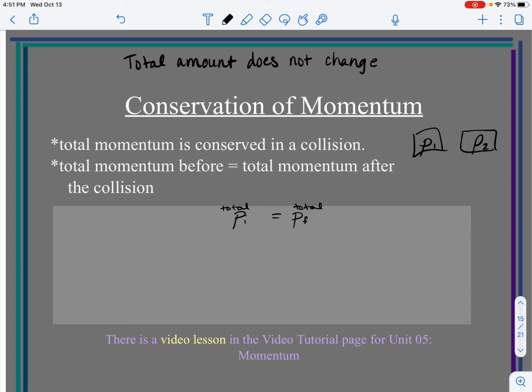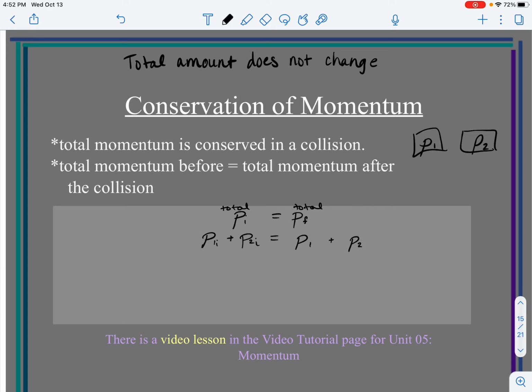But we're going to have a collision, contact between more than one object. In our class, we're going to keep it really simple. It's only going to be two objects. I could write this line in more detail by saying that I have object 1 and object 2, and they each have some amount of momentum. The initial momentum of object 1 and the initial momentum of object 2 are added together to tell me how much momentum I have in total before the collision takes place. After the collision, I'm still going to have both objects accounted for.